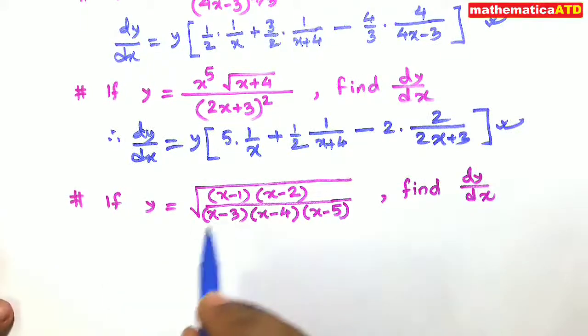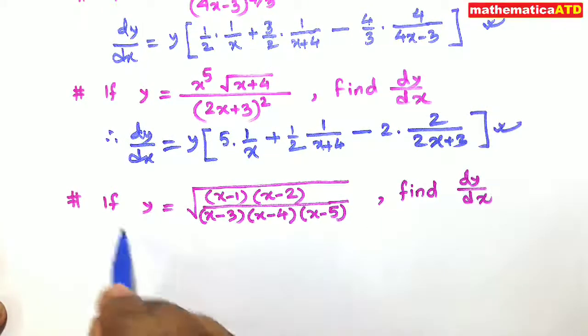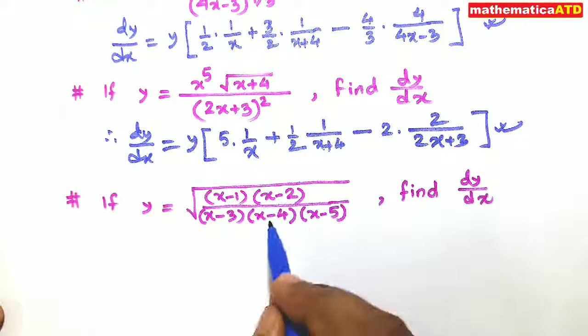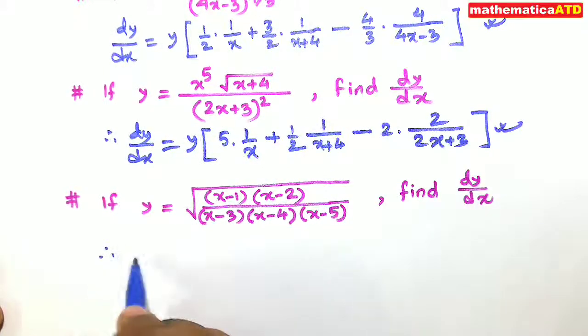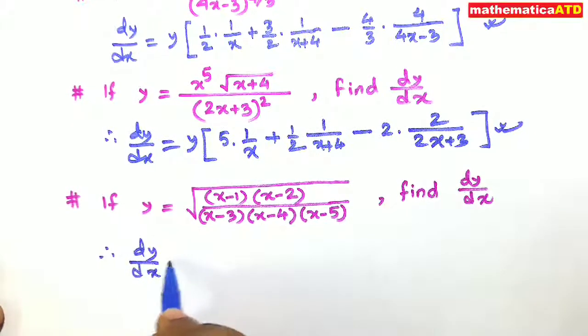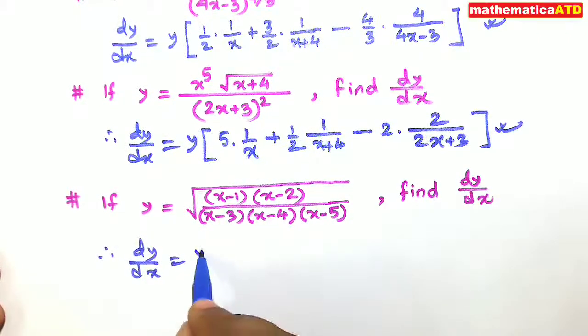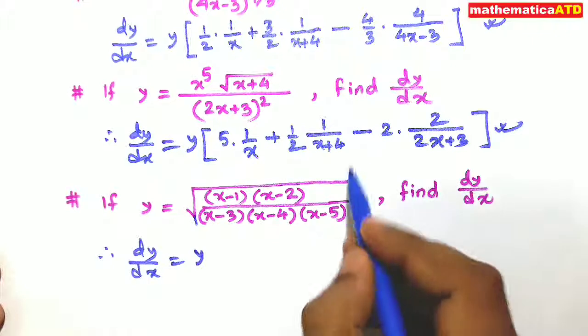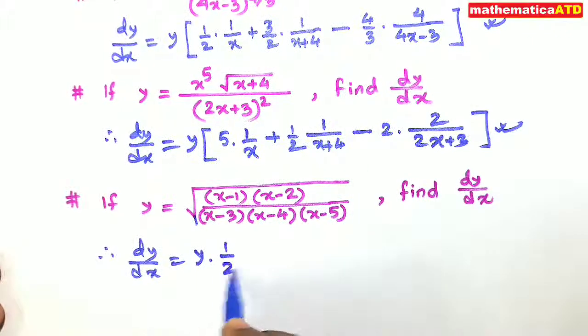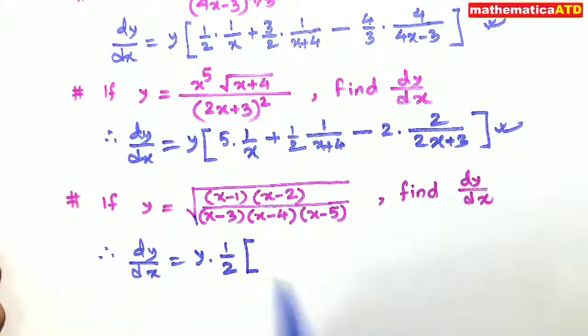This is quite complicated. If y is equal to the whole root of this expression, find dy dx. Very simple. Actually, if you know this process, it will help you write the result in a few seconds. Friends, first of all, you write y as usual and see the total expression has a power. This is half. So for this you put half first of all and put the bracket.